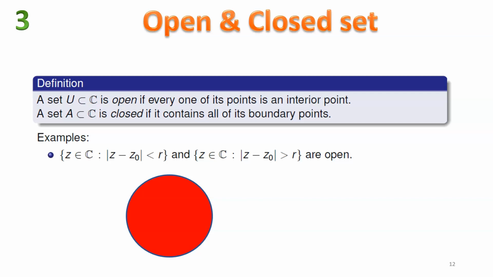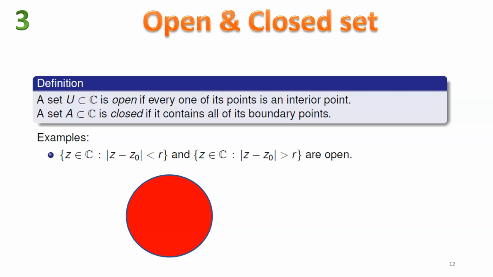Let z belong to the set of complex numbers such that mod of z minus z0 is less than r, and z belong to the set of complex numbers such that mod of z minus z0 is greater than r.